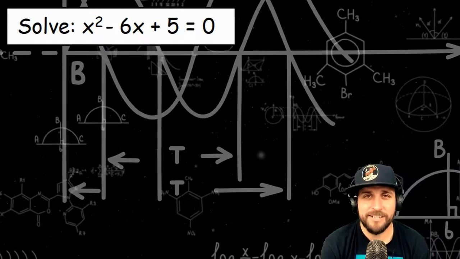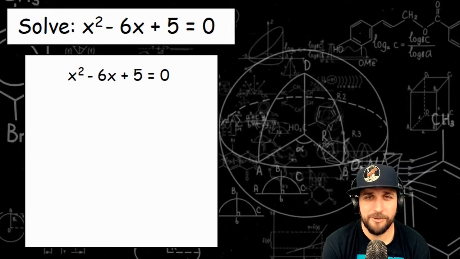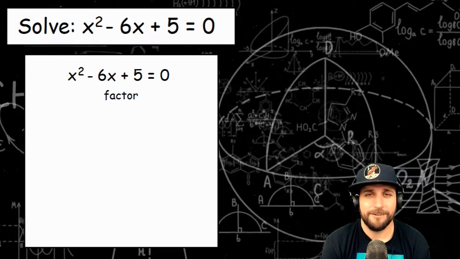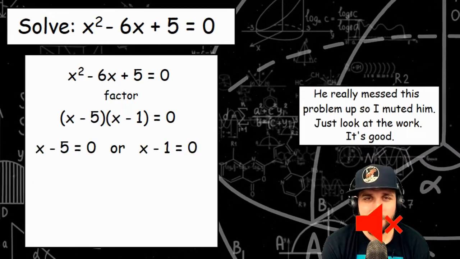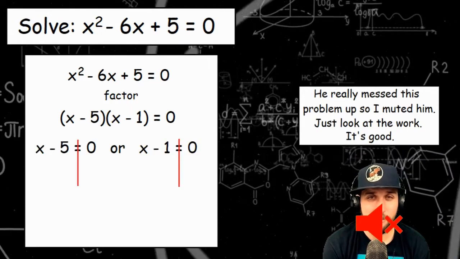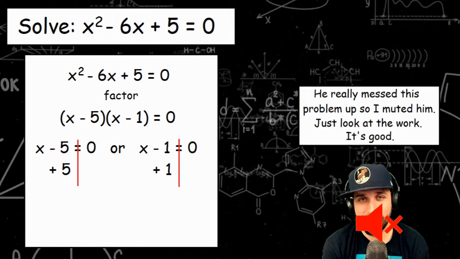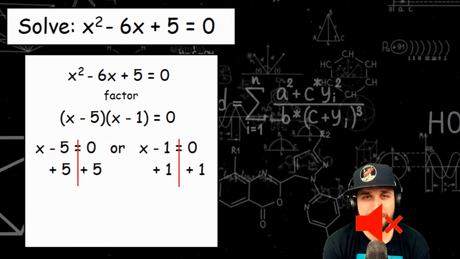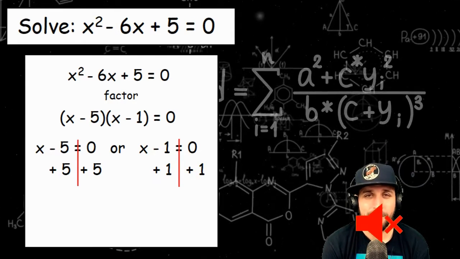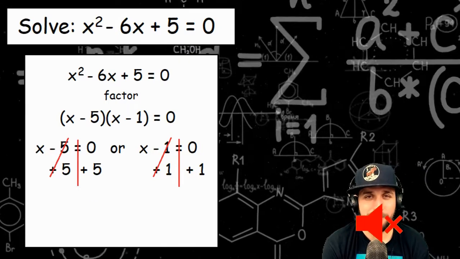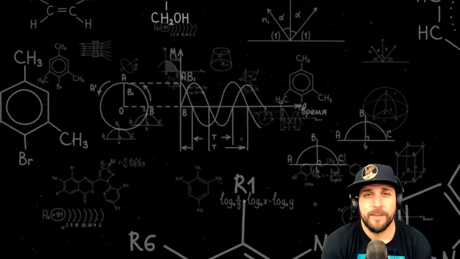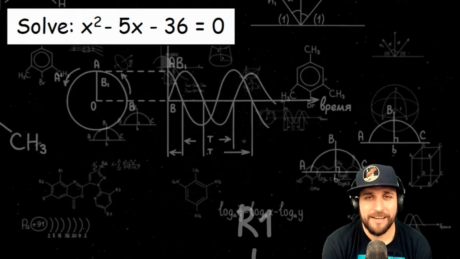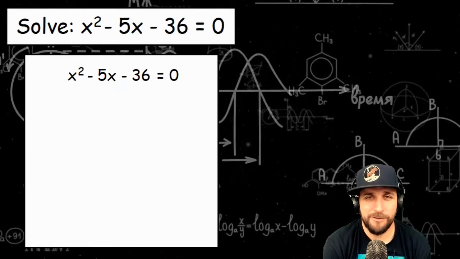On C, x squared minus 6x plus 5 equals 0. We factor that. D, x squared minus 5x minus 36 equals 0.